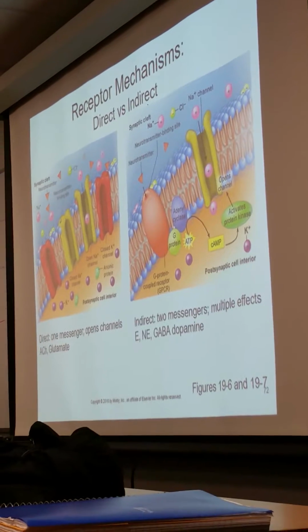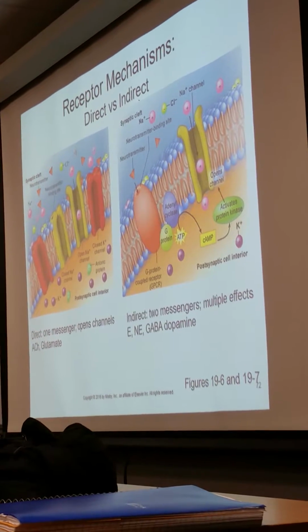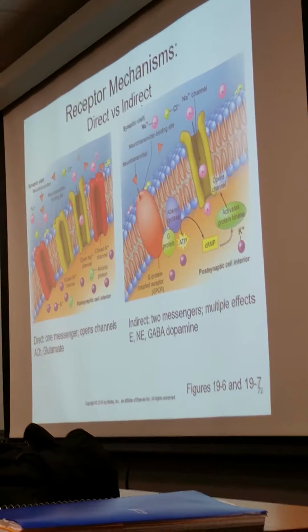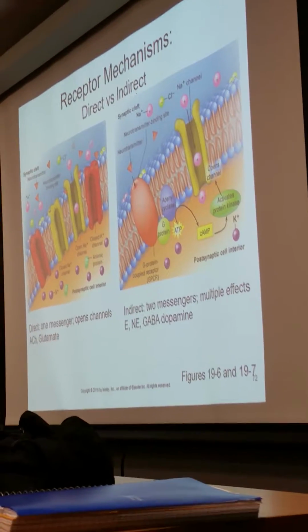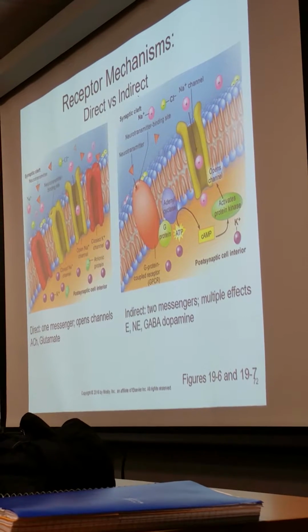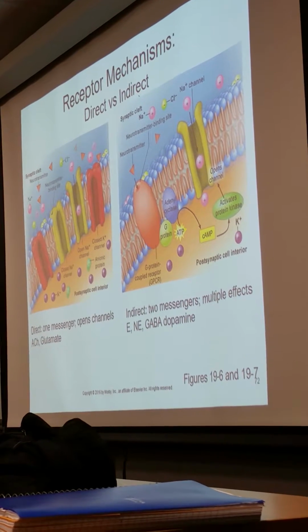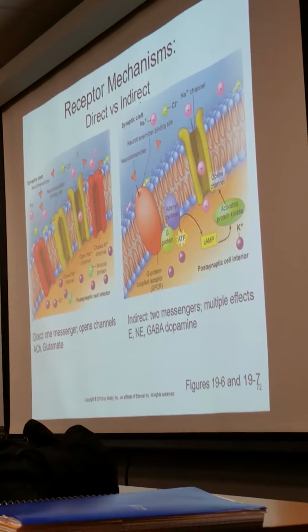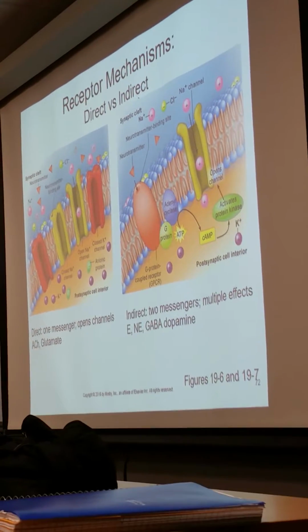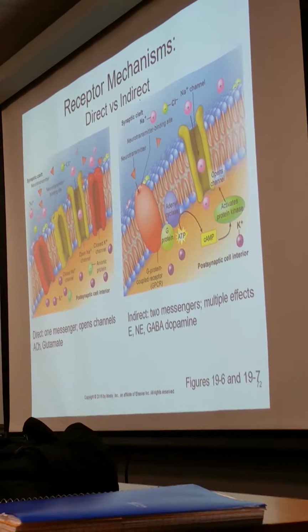By the way, there are hormones that work in the same method, the same sort of receptor, second messenger system. And some chemicals work as both neurotransmitters and as hormones. They're not necessarily mutually exclusive. Norepinephrine is a hormone and a neurotransmitter. It depends on where it's being released and where it's binding.